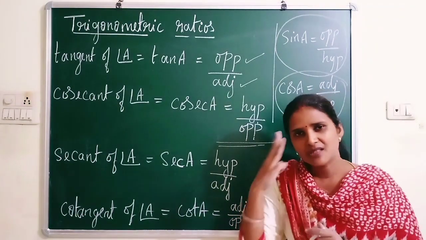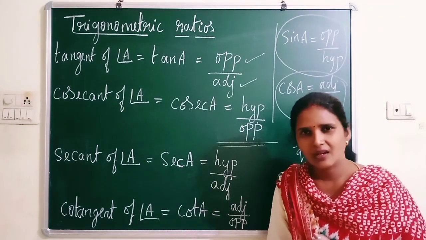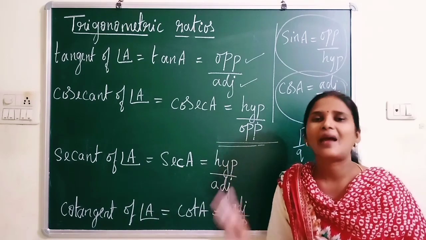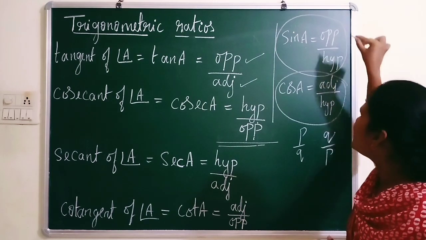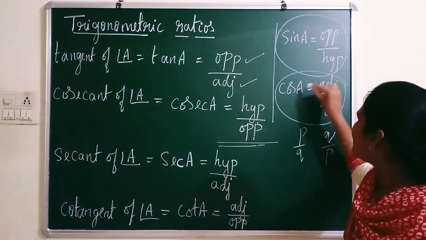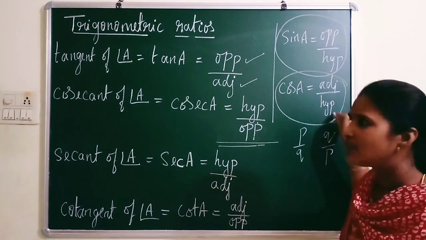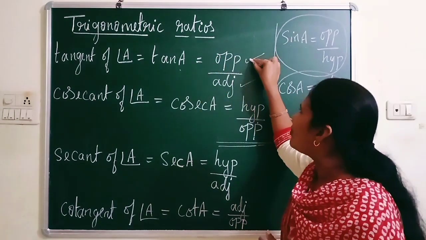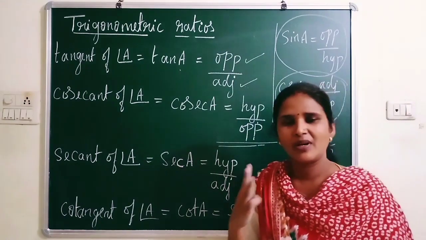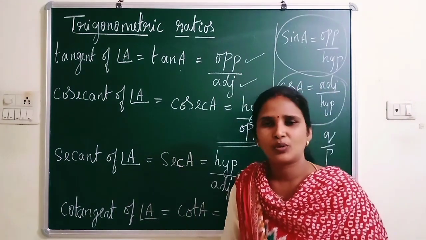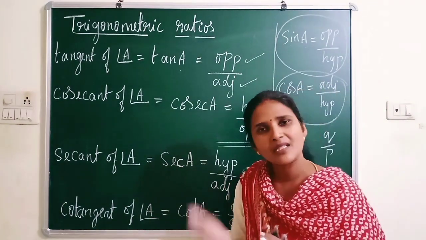If you know the first three, that is sine of angle A, cosine of angle A and tangent of angle A, that is sine A equals opposite by hypotenuse, cos A equals adjacent by hypotenuse and tan A equals opposite by adjacent, the other three you can write very easily because they are reciprocals.